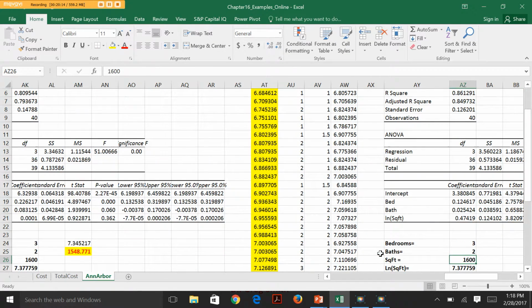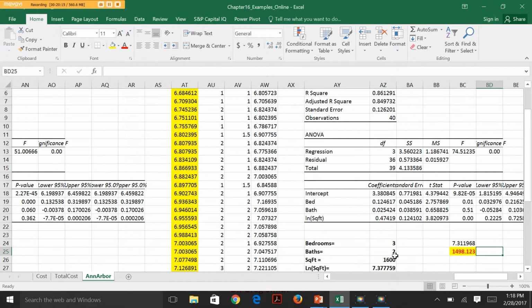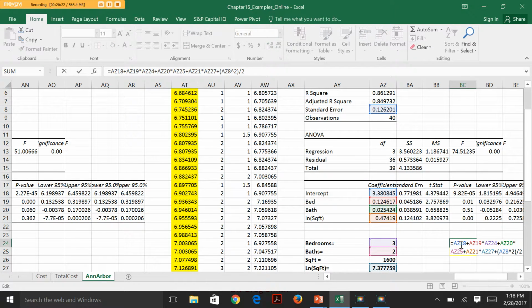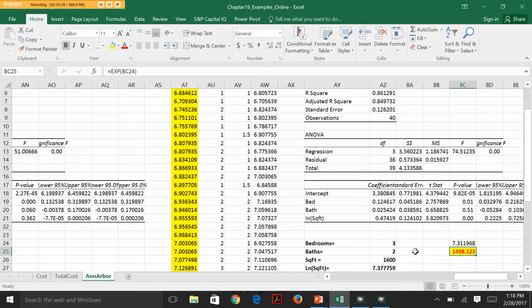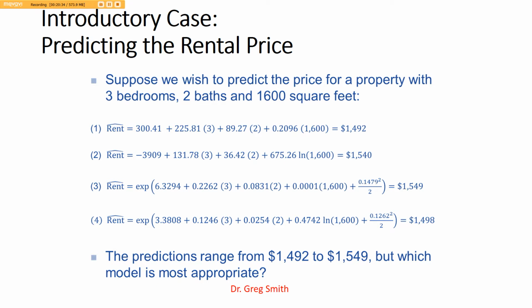The last one, very similar. I'm going to run the regression first. Again, raising the standard error squared divided by 2. And then I'll take the value e raised to that power. All those values are reflected here.